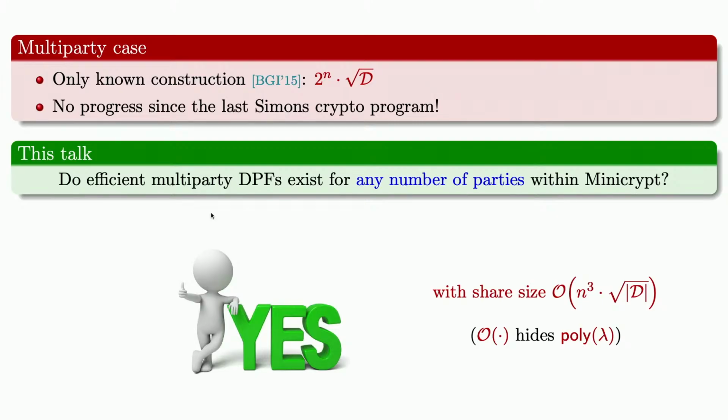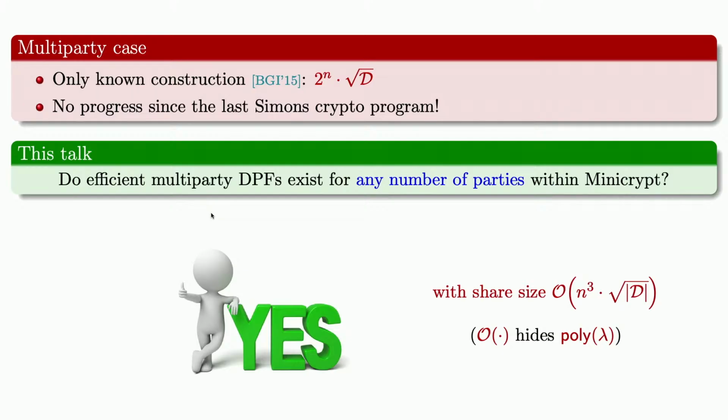Okay, and just a disclaimer: this is by no means efficient, and even compared to the two-party case, there's still a square root in the domain size, so it's only of theoretical interest. Yes? What's the degree of lambda? This dependence should be something like lambda to the 3, lambda to the 4. We haven't been keeping careful track of it, but yeah.